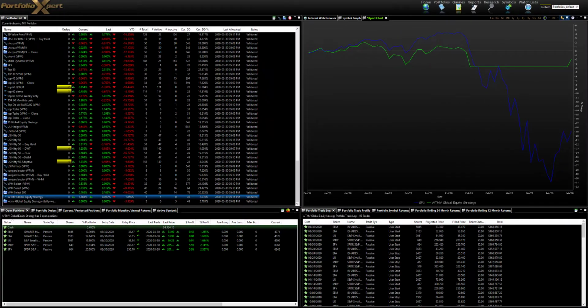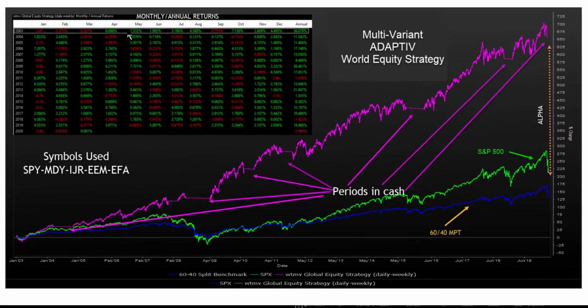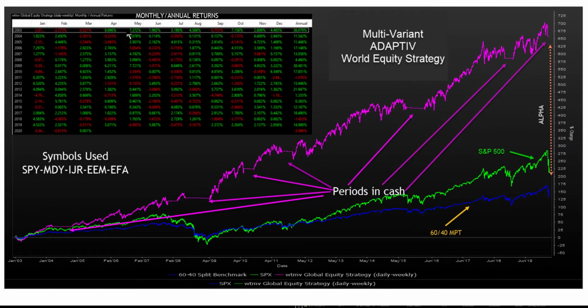On this chart here, what you're going to see is an example of the long-term performance going back to 2003. You'll see all the flat periods, or periods in cash, in the purple line show when volatility was showing up in the market, downside volatility. In 2009, it was able to protect quite well, even had a short-term signal during what I call the Bear Stearns bounce. So you see a slight uptick, and that is where the Bear Stearns happened.